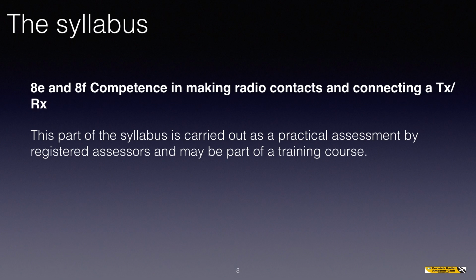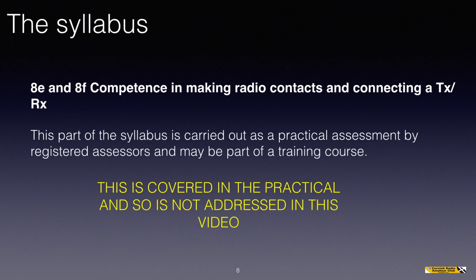And then there is competence in making radio contacts and connecting a transceiver. This part of the syllabus is carried out as a practical assessment by registered assessors and may be part of the training course. For those in the Cornish Radio Amateur Club, we will have already covered that, and you will have your signed off sheets already done by the time you get into the examination.